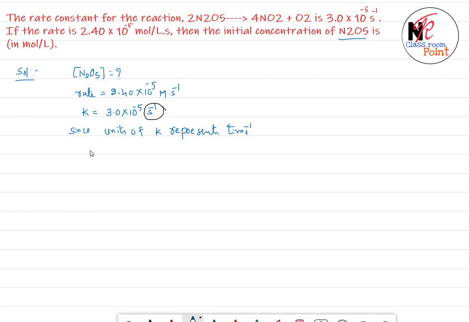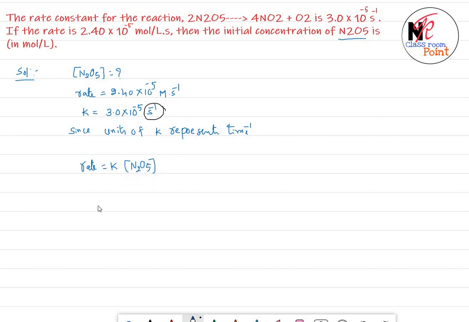That is the reason why we can go with the first order rate equation, that is rate equals some constant K into concentration of N2O5. Even though here two molecules are there, only one molecule participates in the rate determining step. So that is the reason why it is a first order reaction.